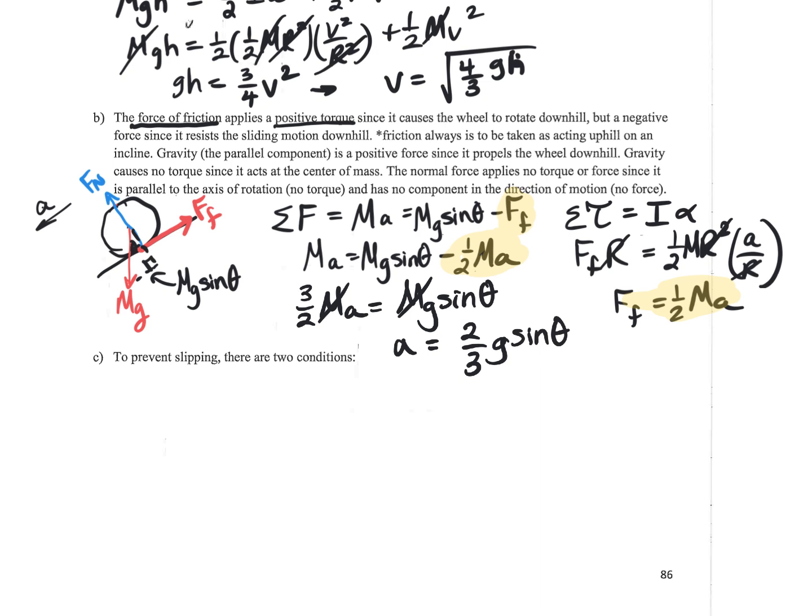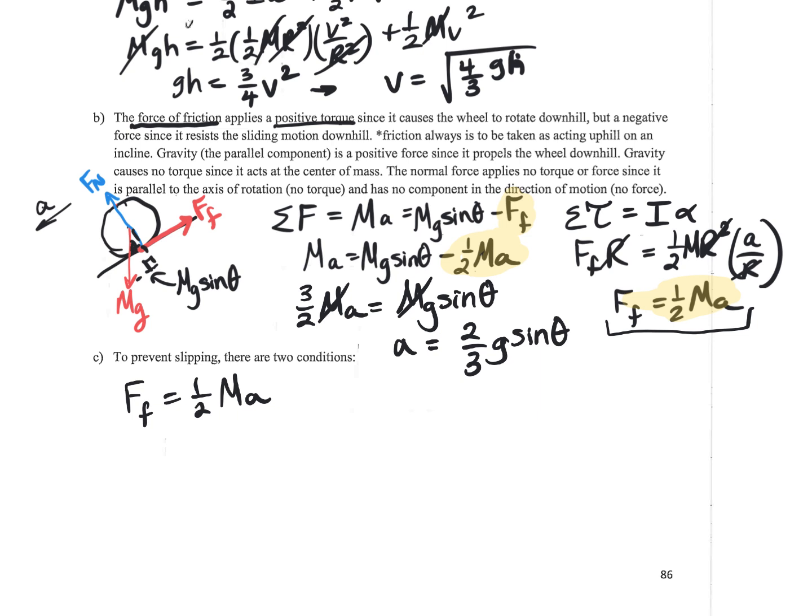All right, so to prevent slipping, what are the conditions to prevent slipping? Do you have any idea? Force of friction has to be equal to this to prevent sliding, okay? So the force of friction has to be equal to that 1/2 MA. Could it be more? Could be more, but that's the tipping point, right?